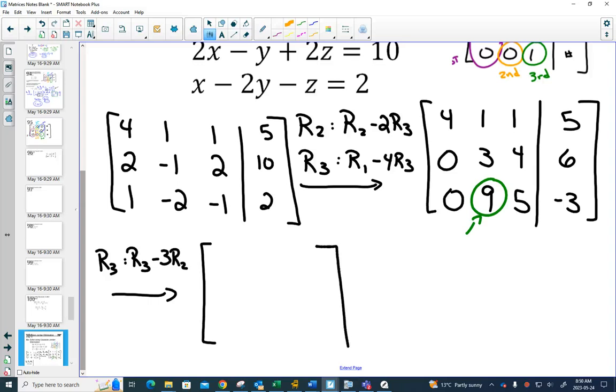We're not changing row 1: 4, 1, 1, 5. We're not changing row 2: 0, 3, 4, 6. But row 3 minus 3 row 2's does make a 0.